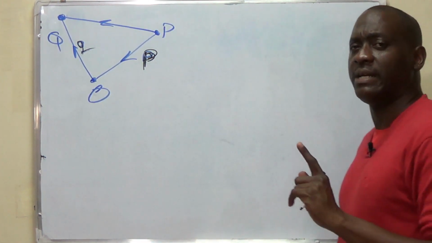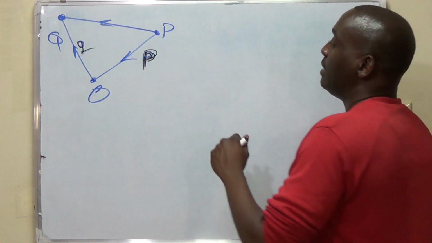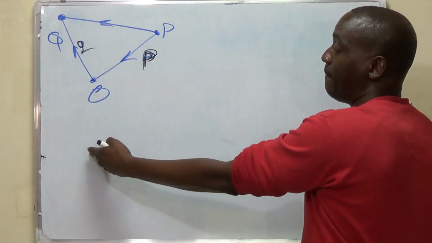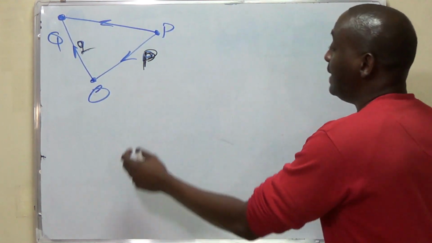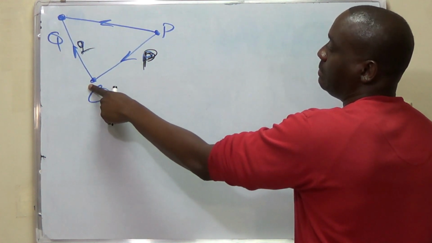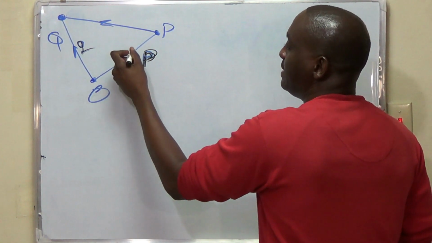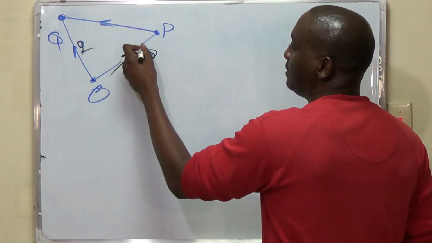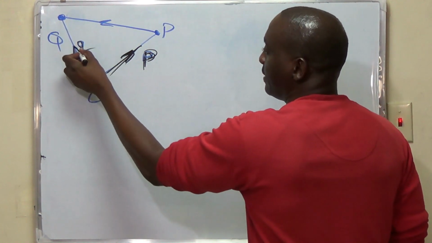So anytime we're talking about position vectors, we could draw a simple diagram. If you have two vectors or three or four, however many you have, then you have O as the point of origin. We could have your position vector p, and we'll get into that arrow in a little bit, and this is your position vector q.